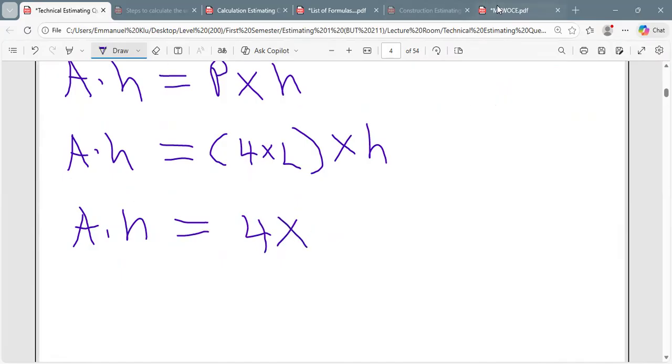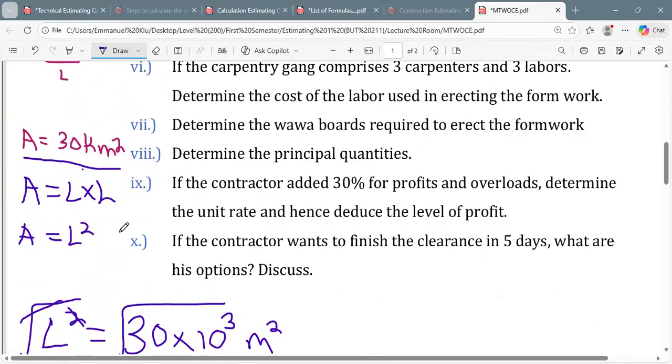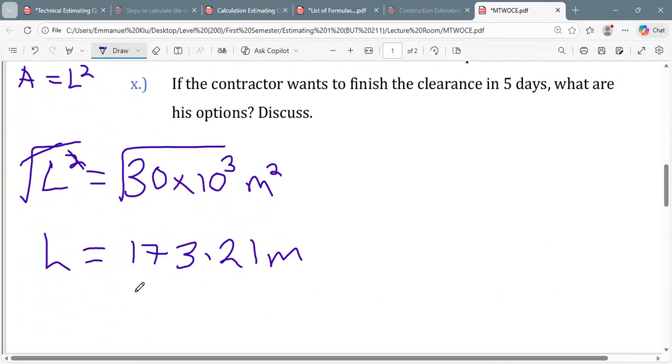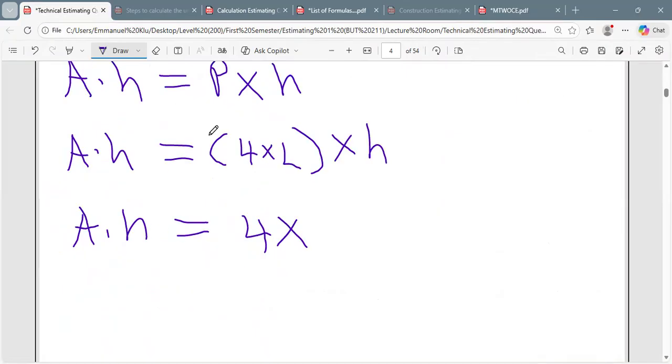And when we calculated for the length, what did we get? We had 173.205. We rounded it to 173.21 meters. So let's write 173.21. Good.